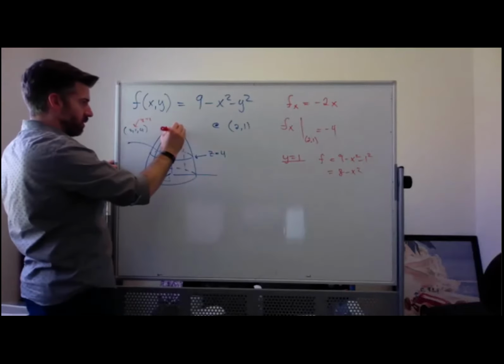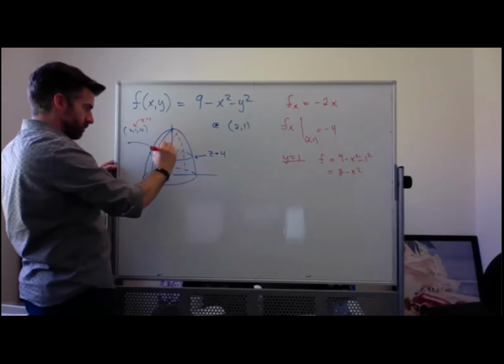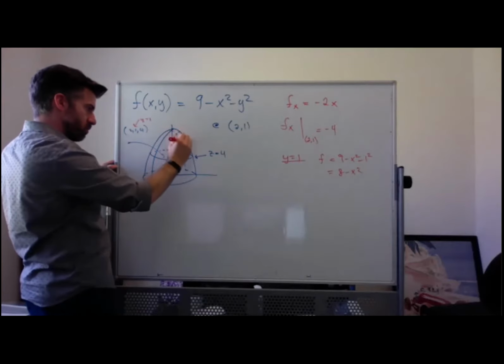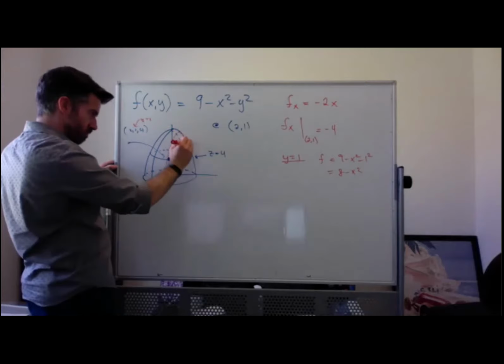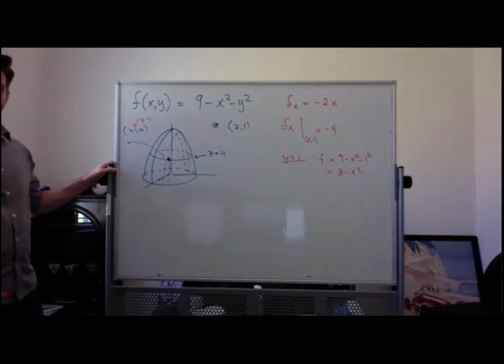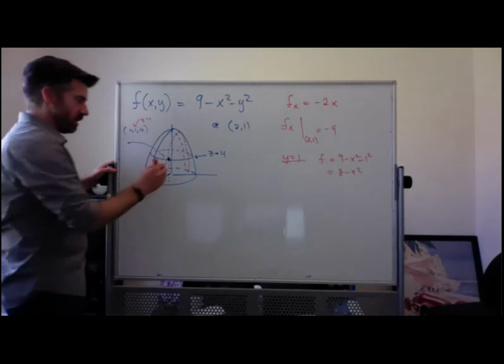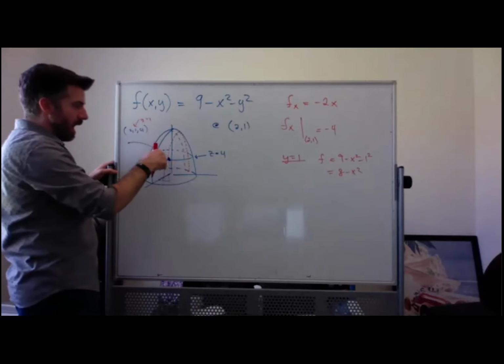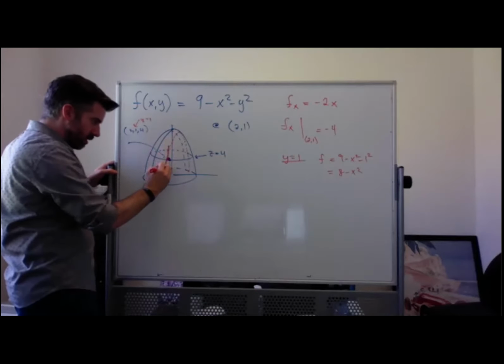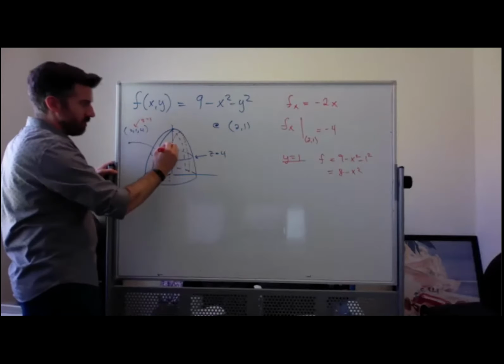So I'm kind of doing this. Right, there's the downward opening parabola that's in the x direction. If I look at the tangent line at that point, the slope is exactly the tangent line right there, which has a slope of negative 4.